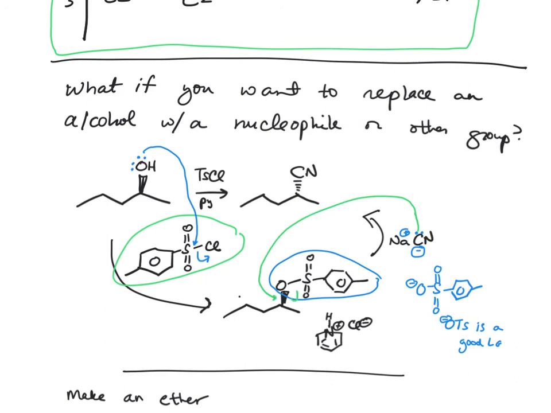So there we get our SN2 attack. And it's important to notice where inversion occurs. The inversion did not occur here. We still have a wedge because we have not done a nucleophilic attack at that carbon. The inversion happens at the second step.